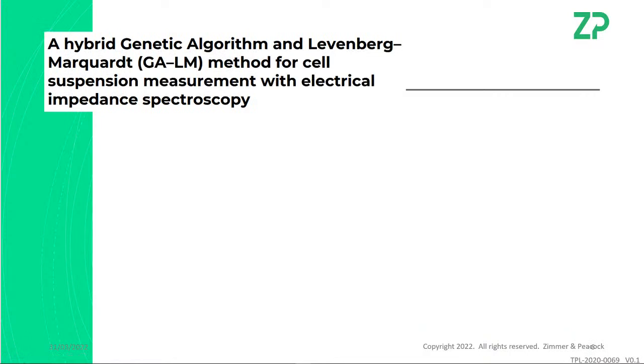So today we're not talking about detecting proteins and antigens. We're here talking about measuring the dielectric properties of cell suspensions. And so I've interpreted that as there's some cells, essentially, I don't know if it's bacteria, mammalian, but there's some cells, they're in a solution.